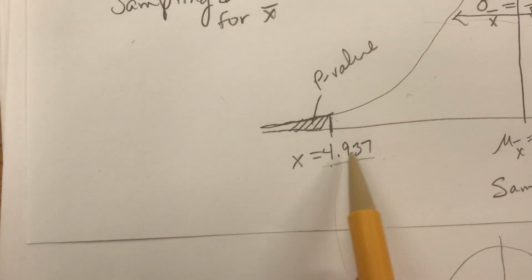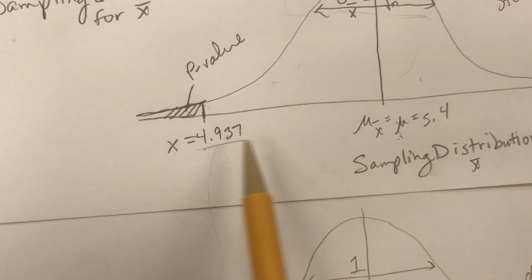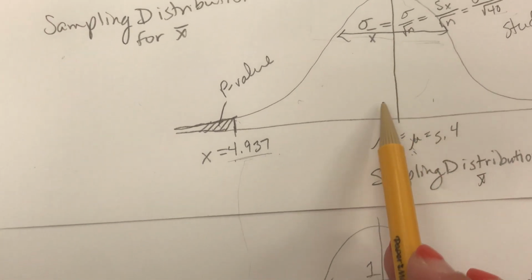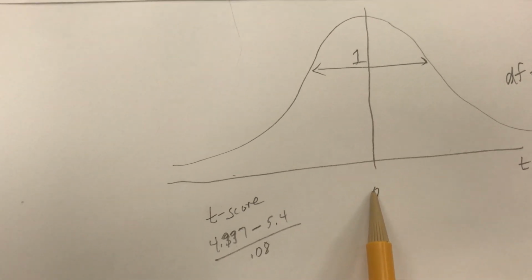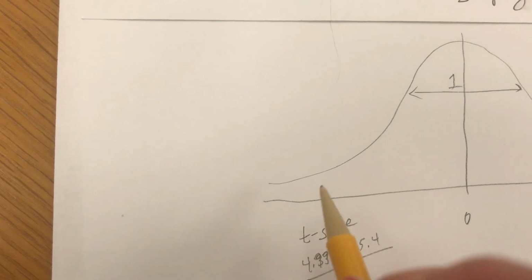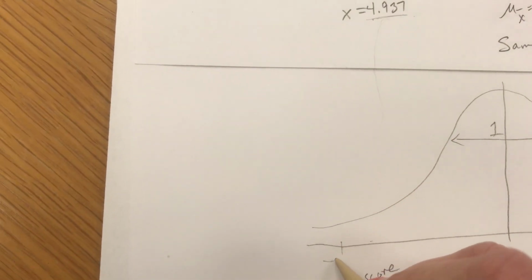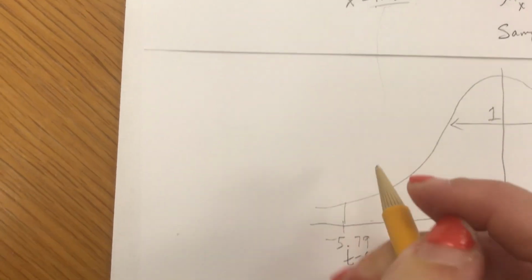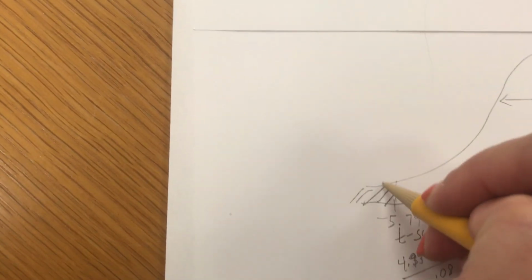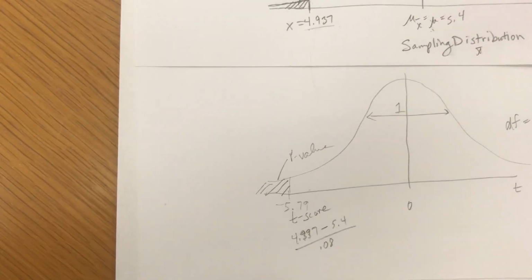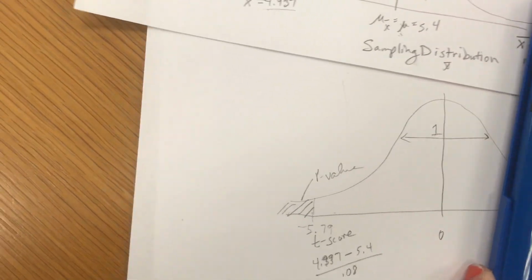So this value on the sampling distribution of all X bars, with this center and standard deviation, has to become the standard t distribution. This value translates to its t-score of negative 5.79. Same p-value. This is still the p-value. We haven't changed anything about the shape. We just kind of shifted over and did the conversion.